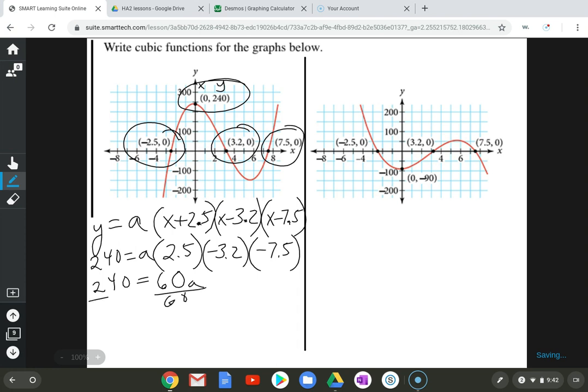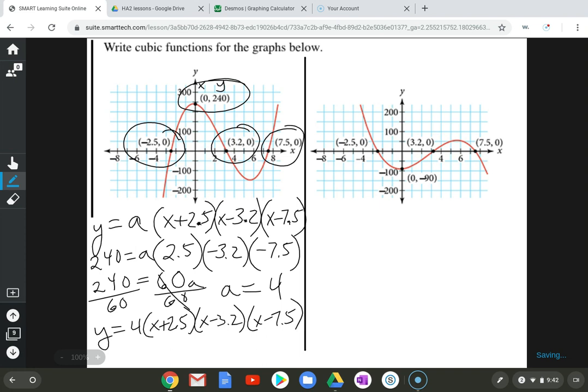Divide both sides by 60, and I get a equals 4. So my final equation is 4 times x plus 2.5 times x minus 3.2 times x minus 7.5. And it didn't say I had to write an expanded form, so we're just going to keep it in factored form. But I want you to make a connection here.